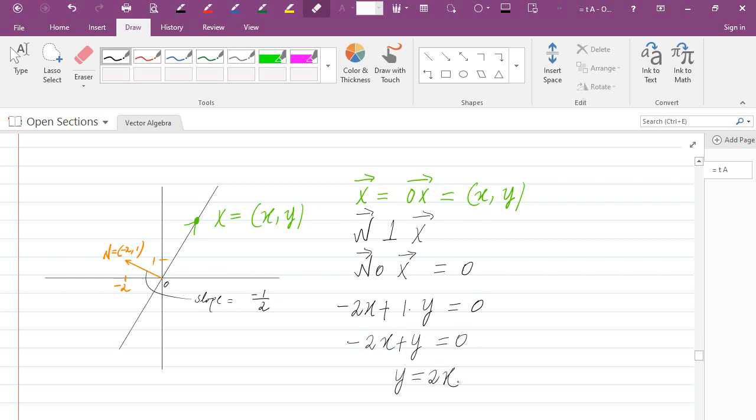So the equation of the straight line is given by y equals 2x, which we can now verify is a straight line passing through the origin, because when x is 0, y is 0. Also, the slope of this line is 2, and the slope of the vector n is negative half, so clearly they are perpendicular.